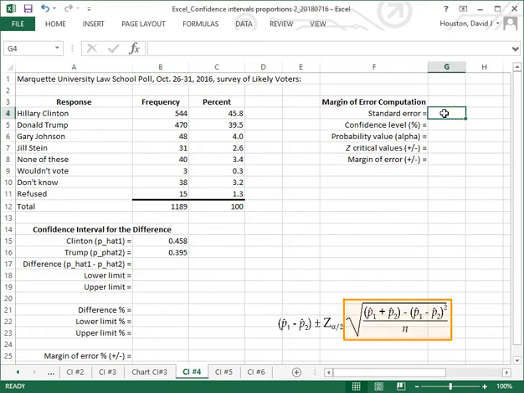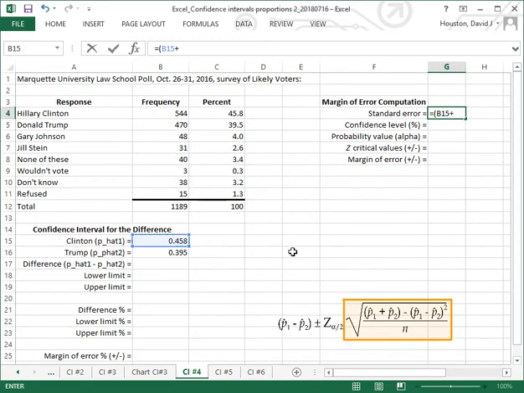So let's go ahead and compute the standard error. On the previous slide, I showed you what the formula is for when we're comparing responses within the same question of a survey. And in this case, what we're going to do is take, equal, now the parenthesis open, the proportion that indicates support for Clinton, or p hat 1.